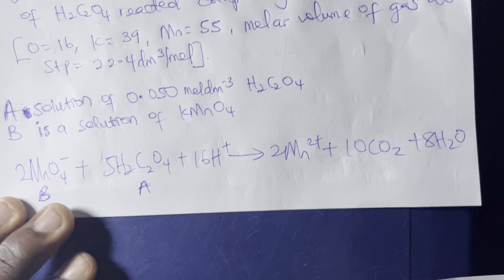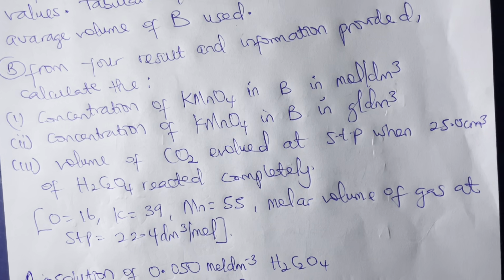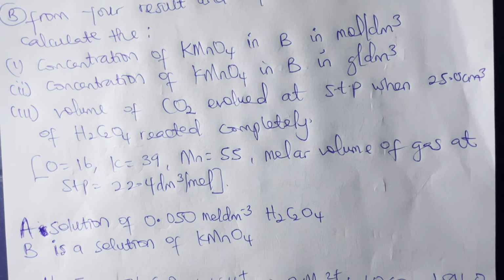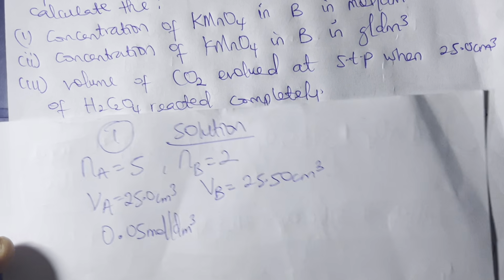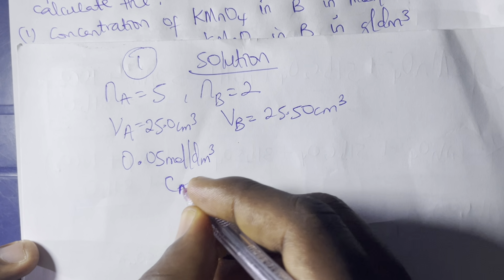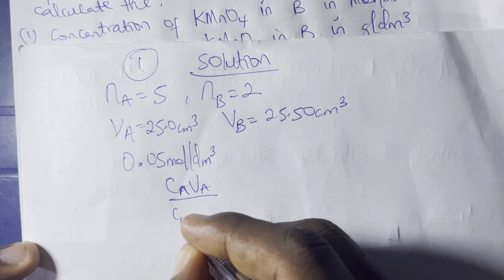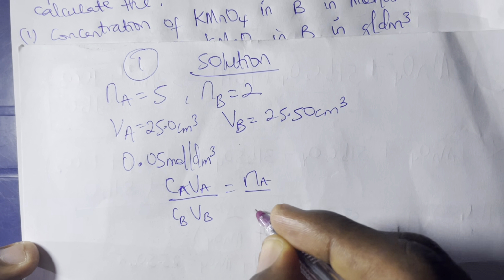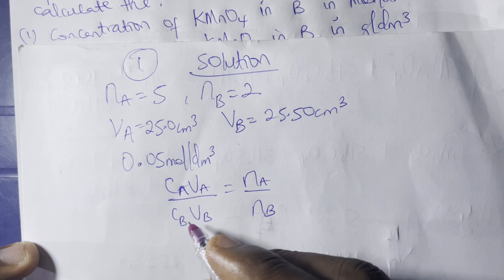Alright, looking at this now, they say we should calculate the concentration of KMnO4 in B in mole per dm cube. If you want to calculate this, just use the straightforward method: CAVA over CBVB equals NA over NB. We are looking for our CB.